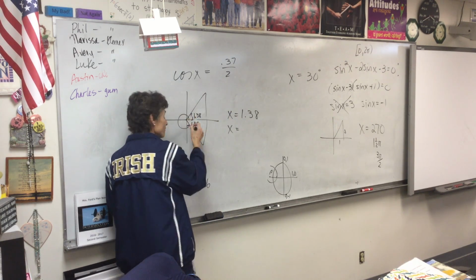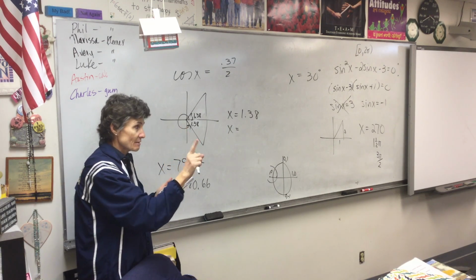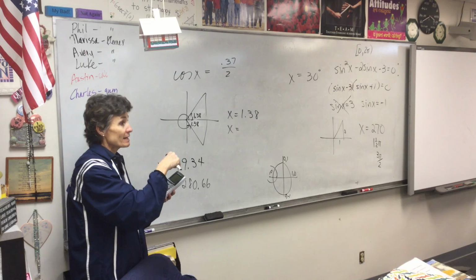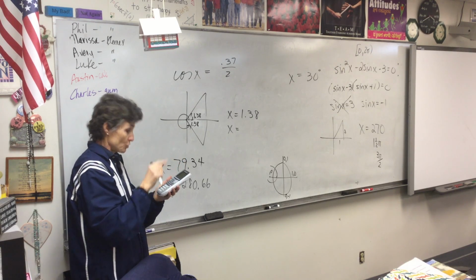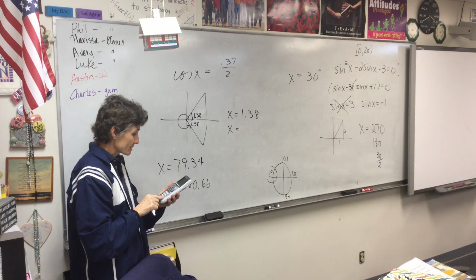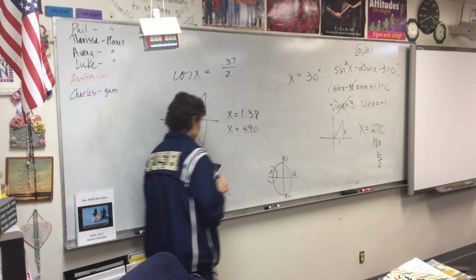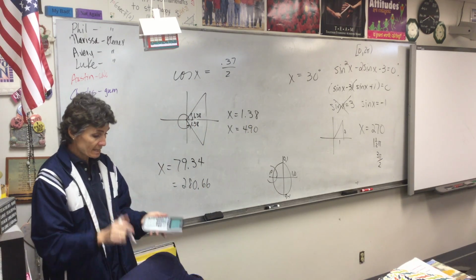And then how am I going to find that other one? Not 360 minus if I'm in radians. Same idea, but I'm going to be using 2 pi. So 2 pi minus that, and it's 4.90. That would be the radian answer.